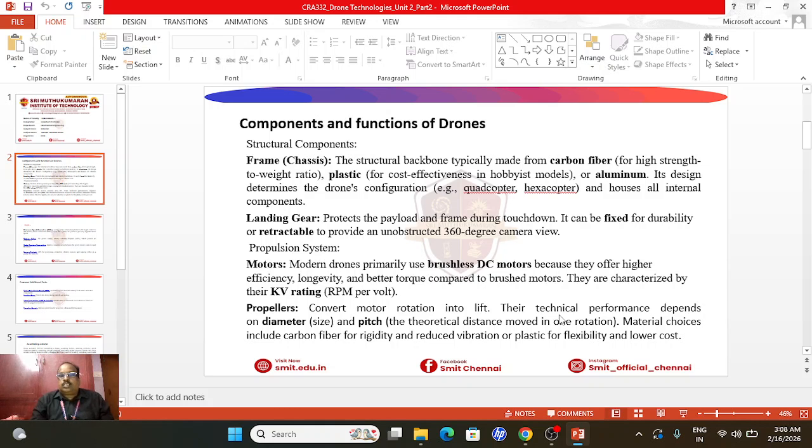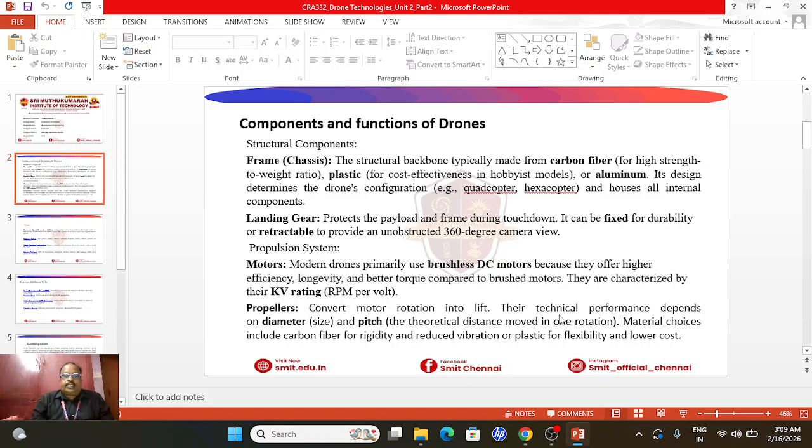So these are the components used to frame the structure chassis. Its design determines the drone's configuration, for example quadcopter and hexacopter, and houses all internal components.